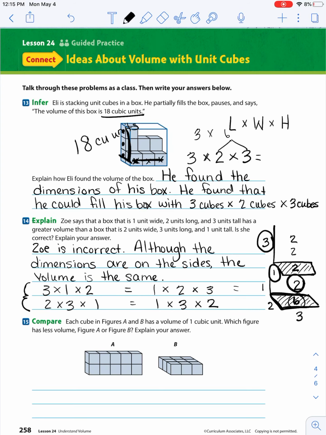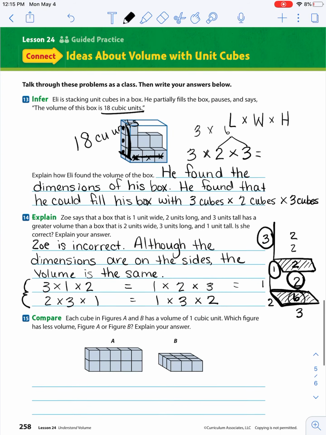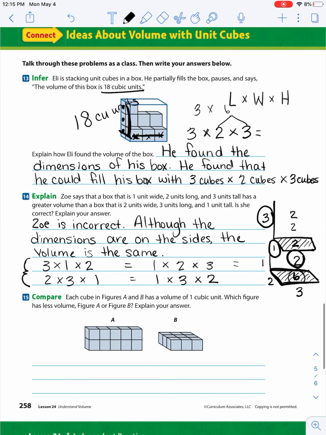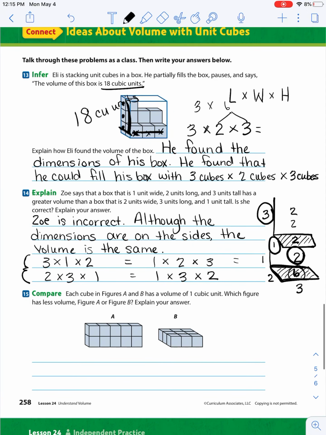Okay, so number 15, each cube in figure A and B has a volume of 1 cubic unit. Which figure has less volume, figure A or figure B? So what they're saying is each one of these little cubes right here has a volume of 1 cubic unit. So it wants to know which prism is going to have the most volume.